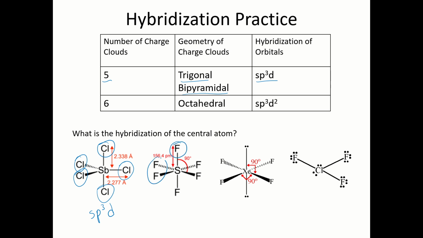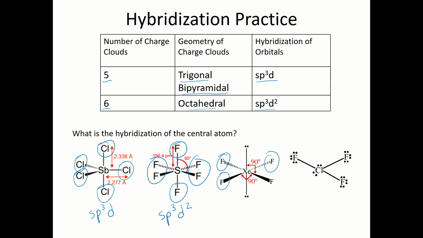The next one, sulfur, has a total of 6 atoms attached to it. Six atoms attached with no lone pairs, that's octahedral, and so we've got sp3d2 hybridization.